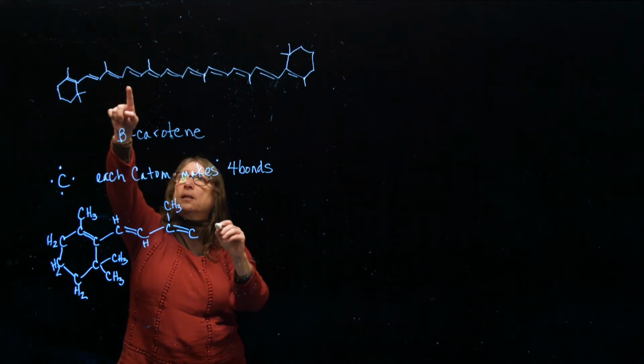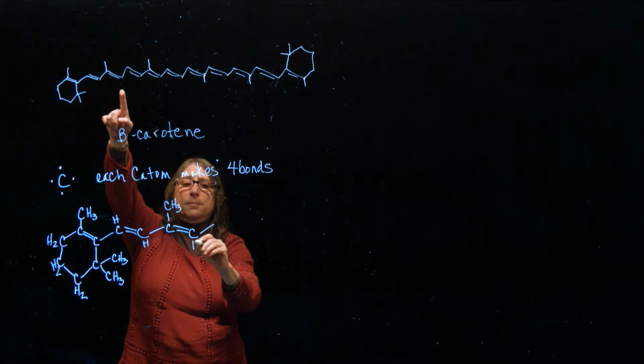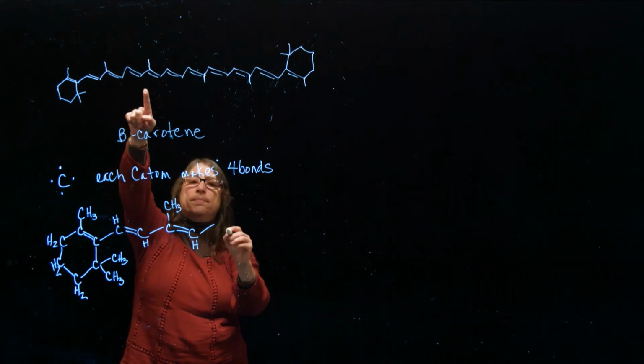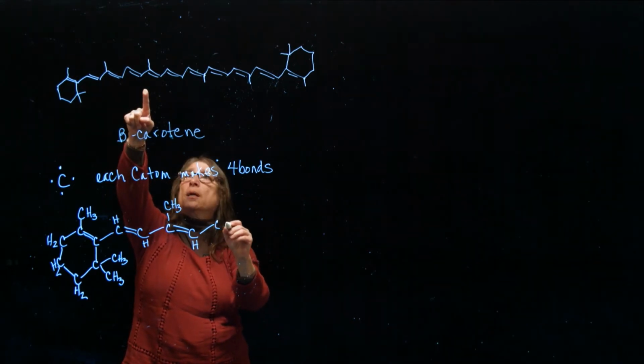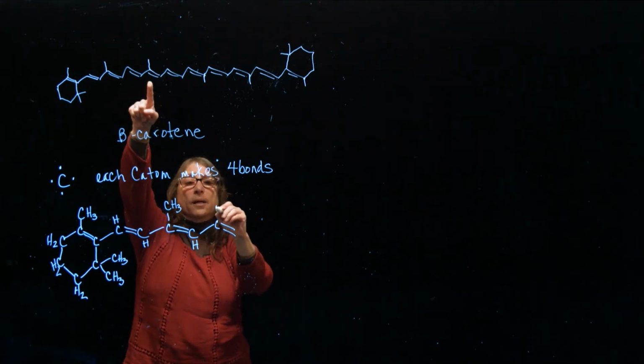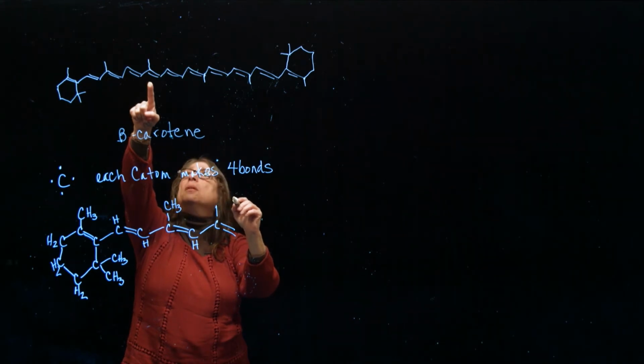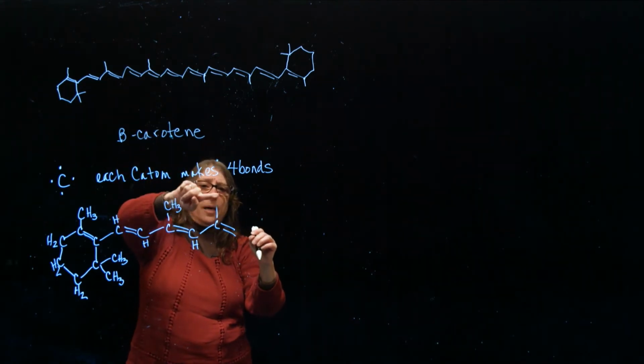This carbon now has a single bond, so it must need a hydrogen. There's a carbon and then a double bond, but this one has another, whoops, not yet. Sorry about that.